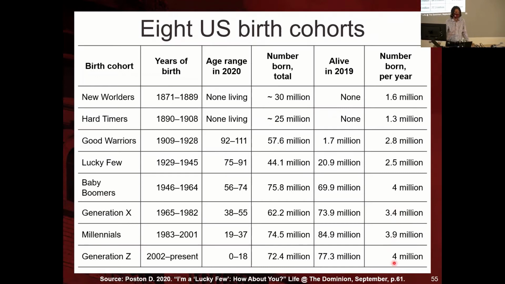Yep. How are there more alive in 2019 than born total in those, like Generation X, Millennials? Those numbers are higher alive than born. That's just wow. How does that happen? That's a good question. I should check the article here again.